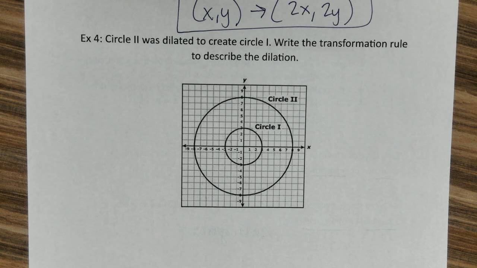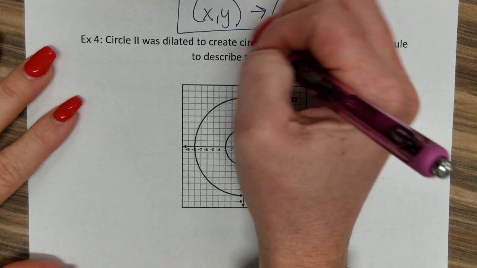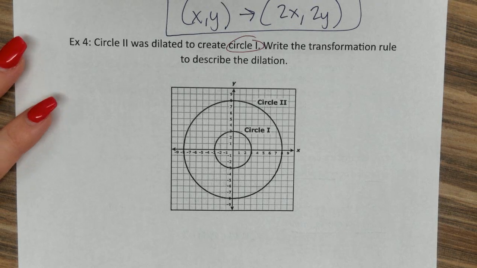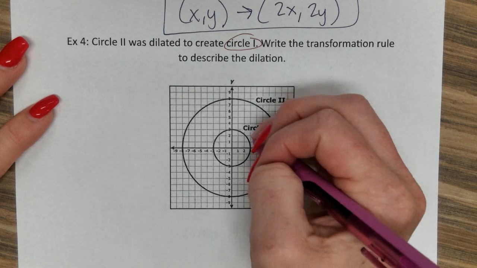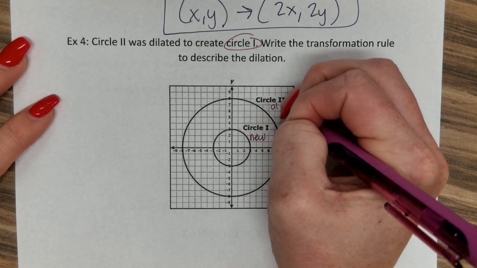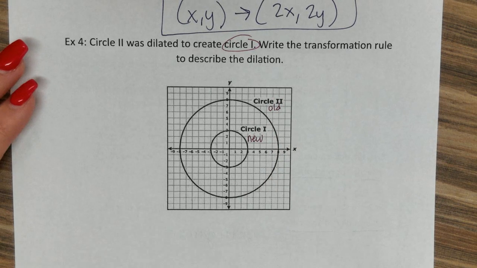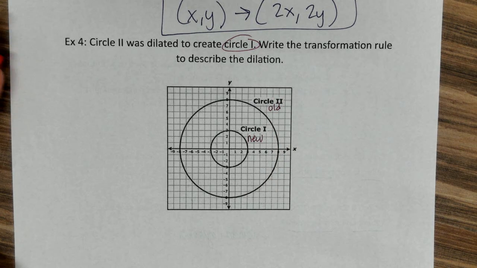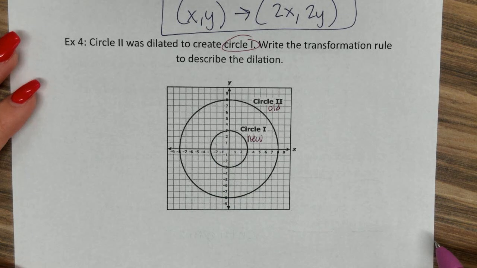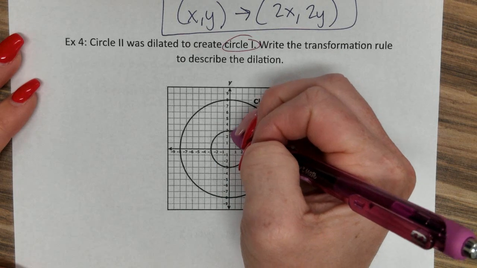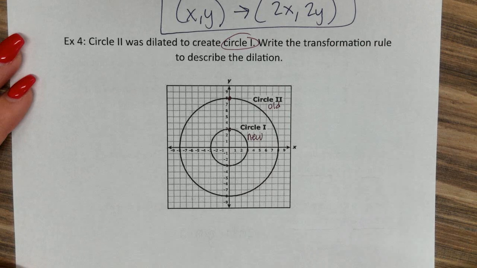Okay, which one was new? Because it created circle 1. Yes? All right, so this one's new. This one's old. Now, guys, if you switch them, your whole answer will be wrong, okay? You could not count side lengths, but did they give you a good coordinate here and here?